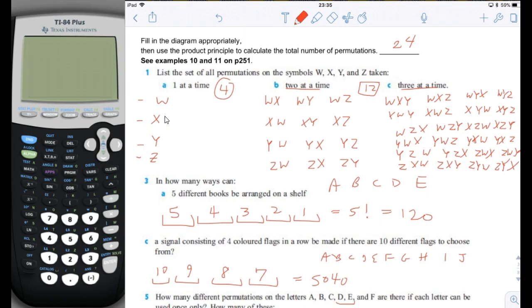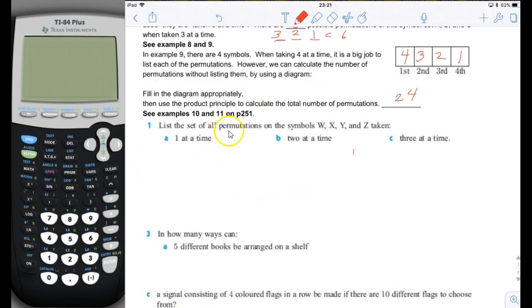There are 6 times 4, there's 24. But there's also an easier way to calculate the number. You don't have to list them all out. You could use factorials.